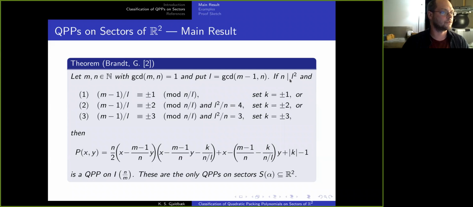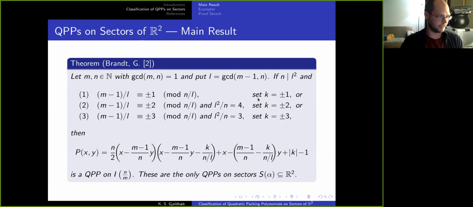The condition that n divides the square of the greatest common divisor is equivalent to Stanton's necessary condition that n divides (m-1) squared. Now, if you have any of these conditions, you get the following quadratic packing polynomial. Now, multiples can occur. Anytime you have a congruence, you can set k equal to it, and it has to be the same sign.